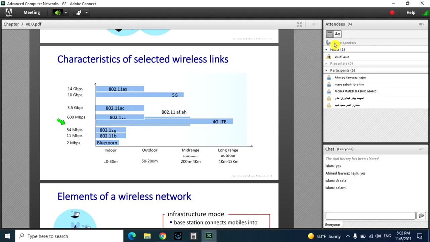So when we use a wireless link, we have to be careful about the properties of that wireless link. Let me mention that we have more wireless links too. They are not mentioned here. For example, instead of Bluetooth, we have another technology called Zigbee. It's similar to Bluetooth.